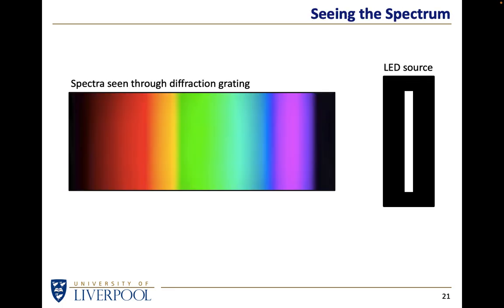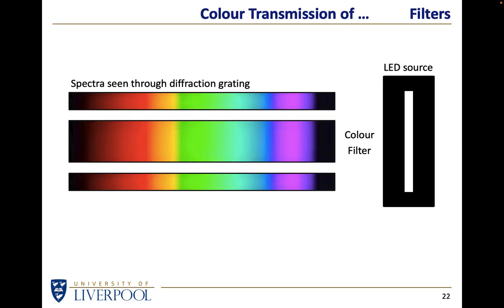So what I'm going to do now is switch on a light source, and this light source is an LED light source, so it's emitting across the whole of the spectrum. And we're going to have a look at the spectrum from this LED light source, and one by one, if I can avoid getting my sticky fingers all over it, I am going to put a filter in front of the light source, and that filter is going to block some of these colors.